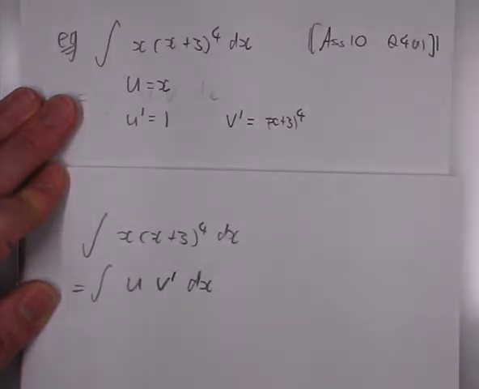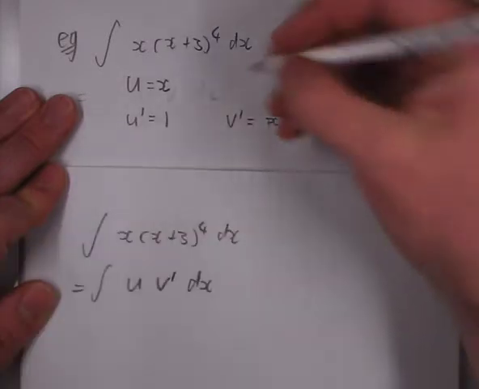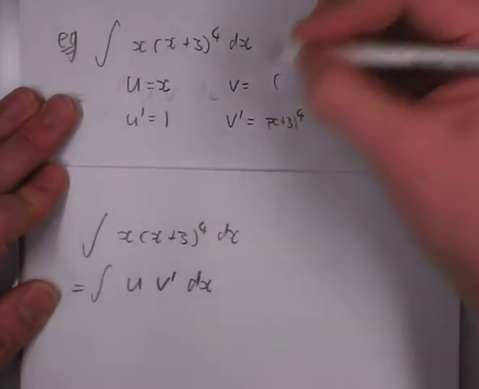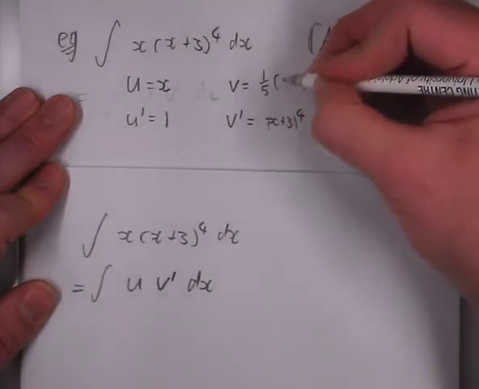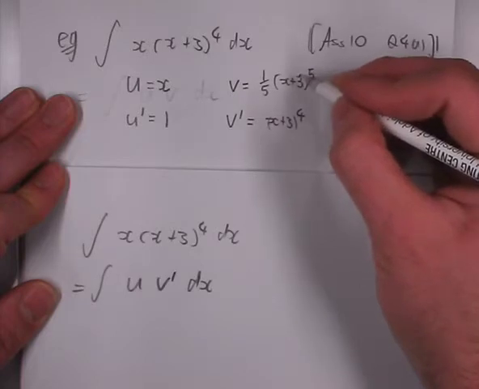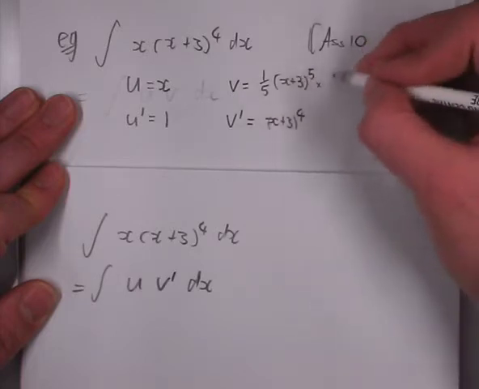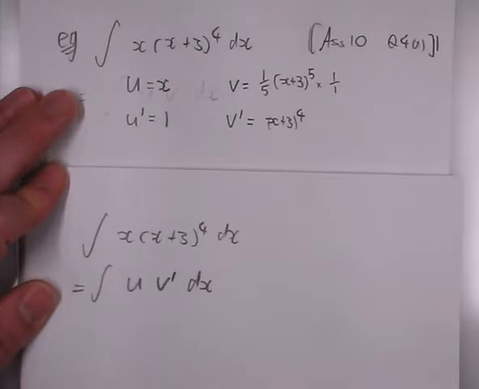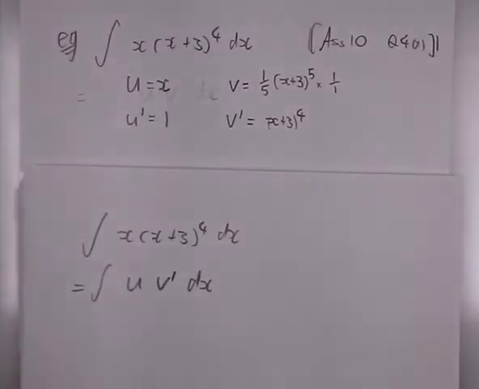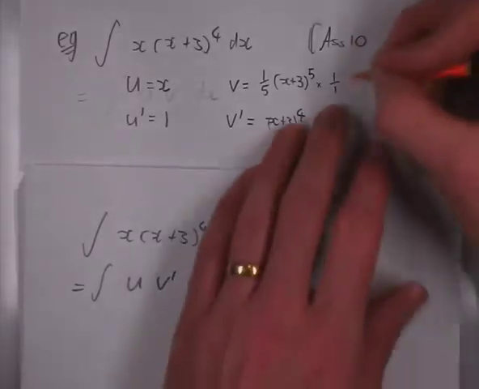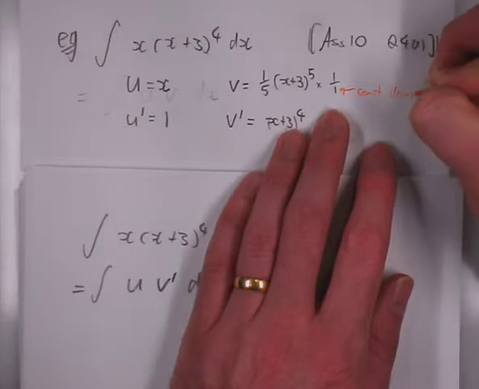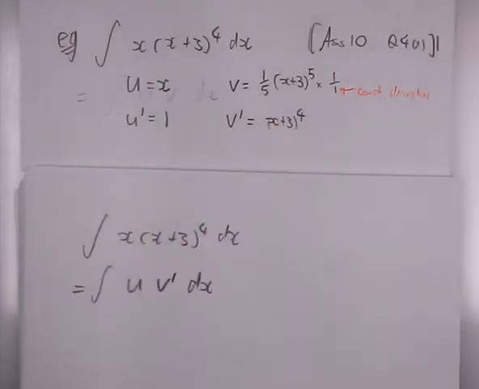And so the integral of v dashed, the power goes up by 1, and I divide by the new power, but it's not just x, it's x plus 3, but the derivative of that is 1 anyway. So technically I'm going to divide by 1. Just to be absolutely clear, that's my constant derivative of the inside.